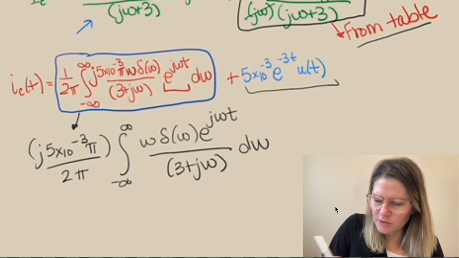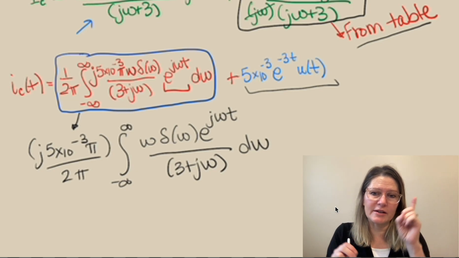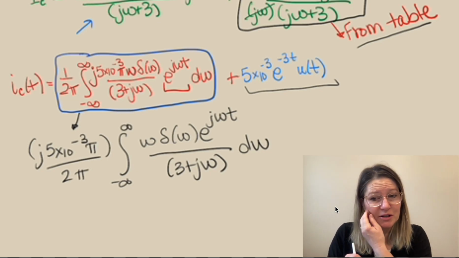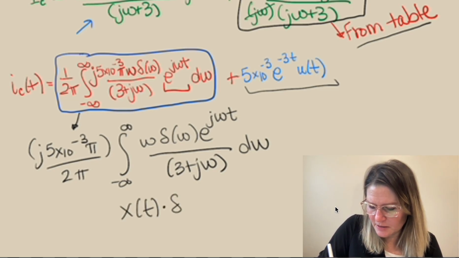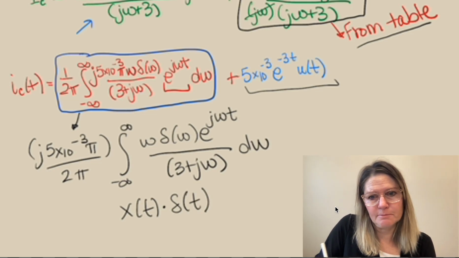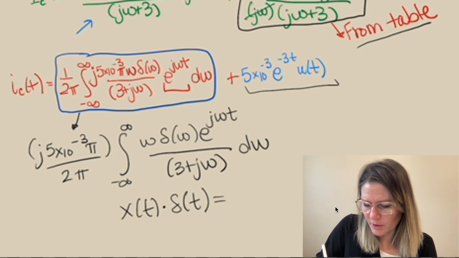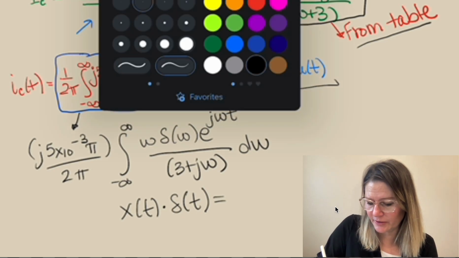From here, we can use a property that we know: delta is 0 everywhere except right at 0, where it's going to spike. So whenever we have any function multiplied by the delta function, we can evaluate that because everywhere is going to be 0 except for at t equals 0 for this case.